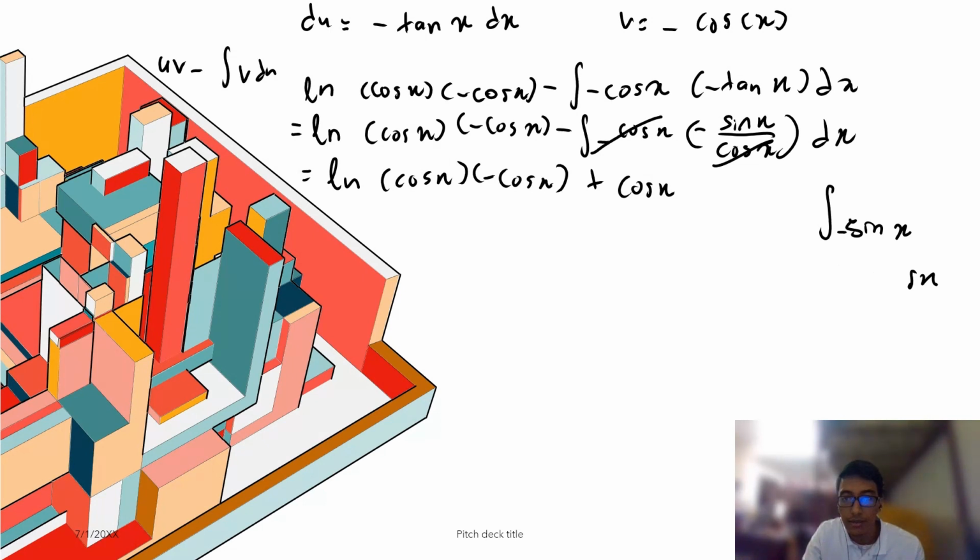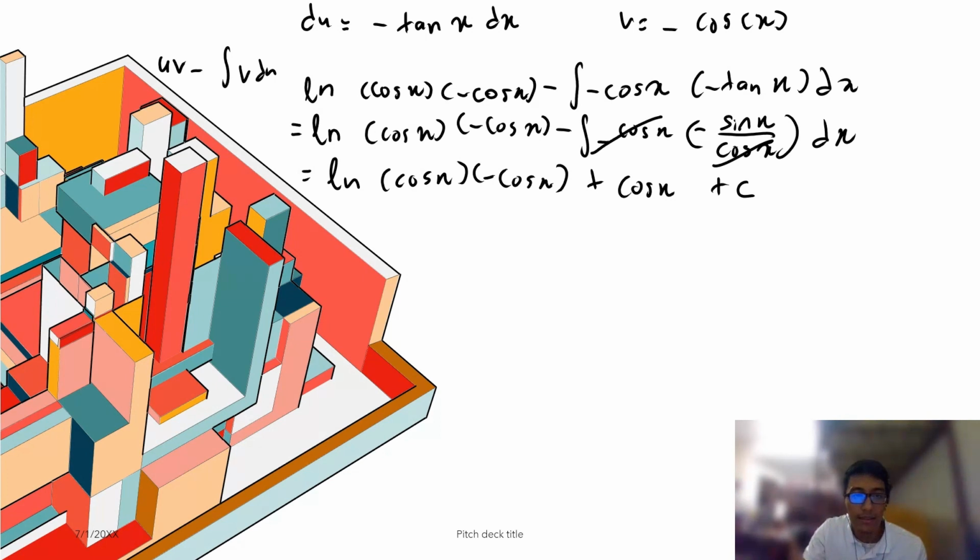So negative and negative, then we get positive. But don't forget the next, not dx but plus c.